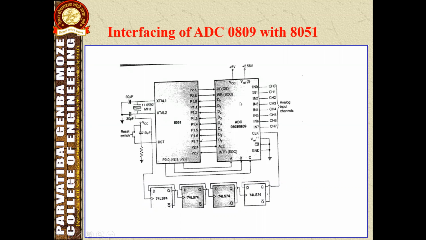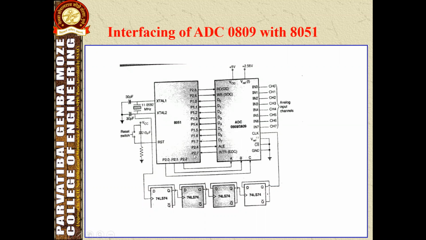To indicate the end of conversion, this signal should be activated after the conversion is over. It is given from the ADC to the microcontroller. The ADC converts the analog signal into digital form, and then a high signal is provided on this pin, indicating that the conversion process is over.